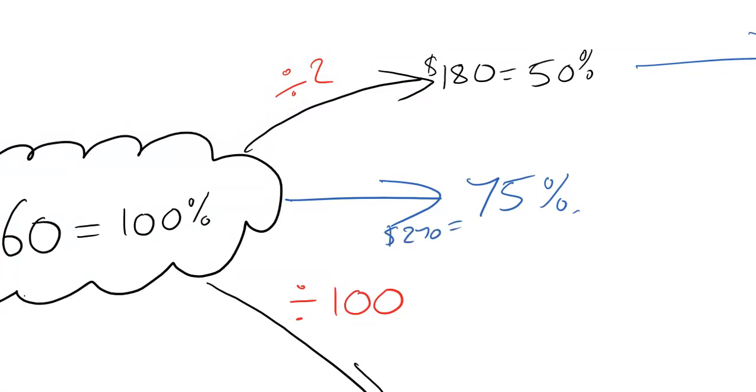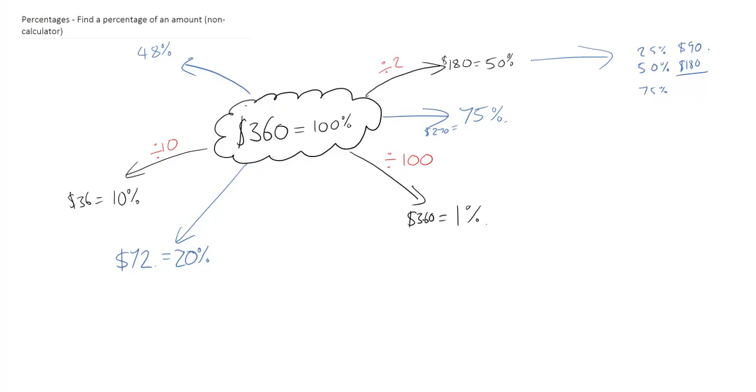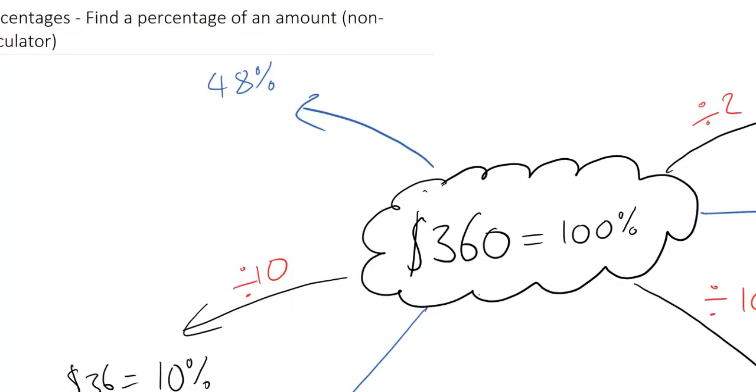So let's add that to the diagram. $270 is 75%. Now, $48 is the hardest one we've had so far, but perhaps we could use different information to help us find that. Now, rather than constructing 4 10s and a 5 and 3 1s or something complicated like that, maybe we could work out 50%, which we've already got, and then take away 2% to leave us with the 48%.